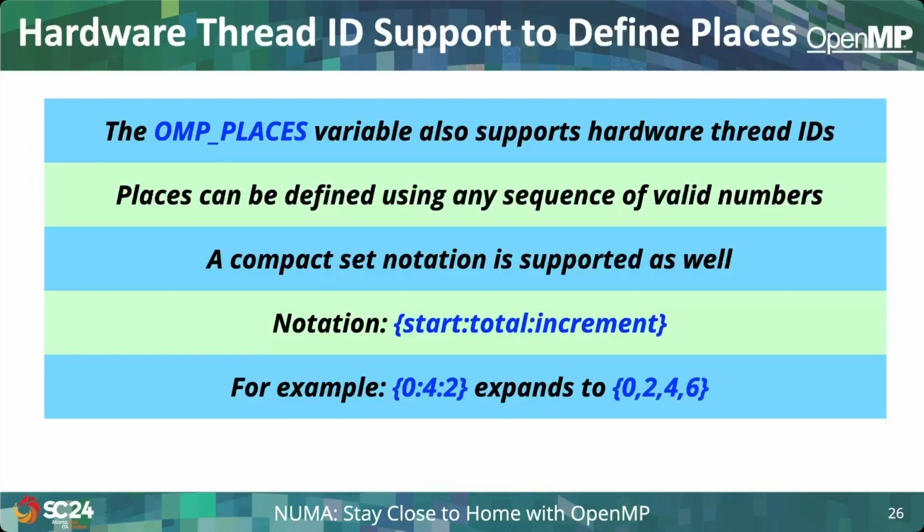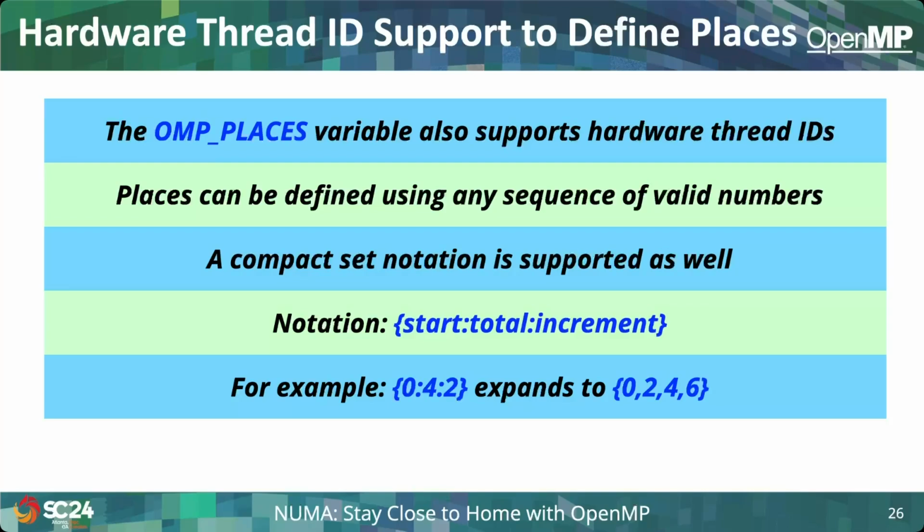As you've seen already, you can define places in terms of the hardware thread IDs. Those could be very long sequences of numbers, and that's why it's very convenient that there's a compacted set notation. The notation is that these numbers are colon separated, the starting value, the total number of values that you want to have, and the increment.